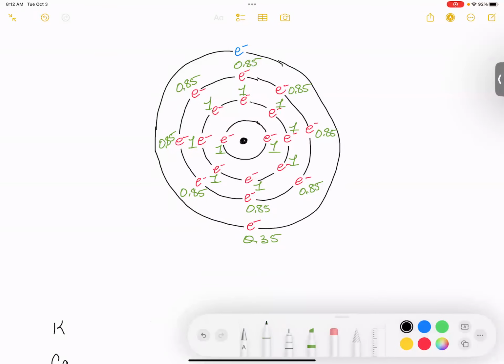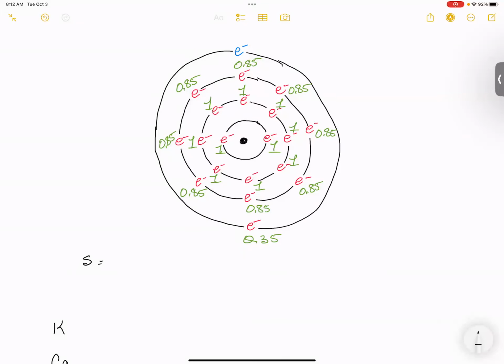So for calcium, our S is going to equal 1 times 0.35 plus 8 times 0.85 plus 10 times 1. So that is a 17.15.